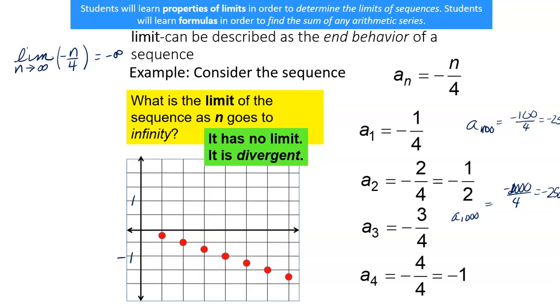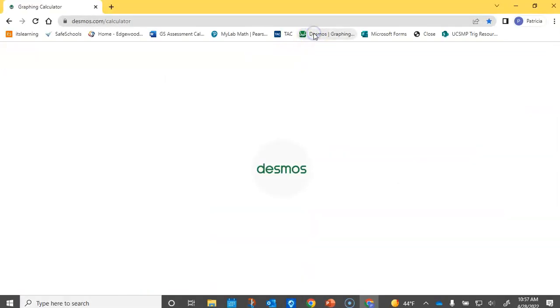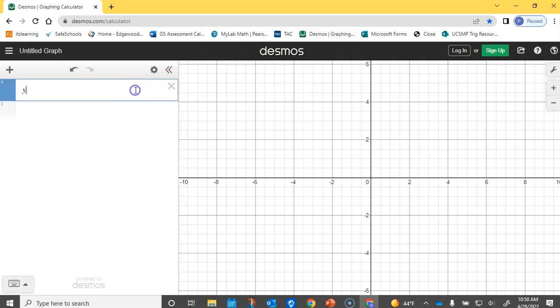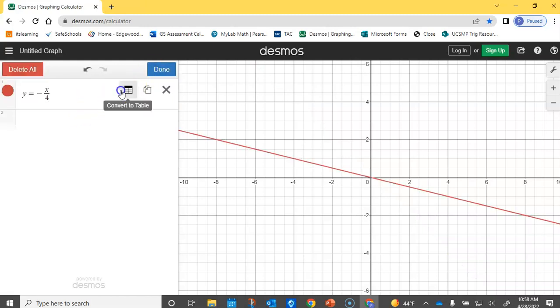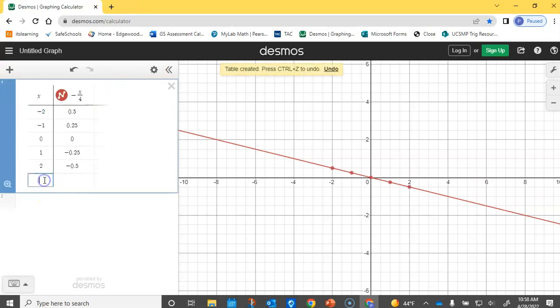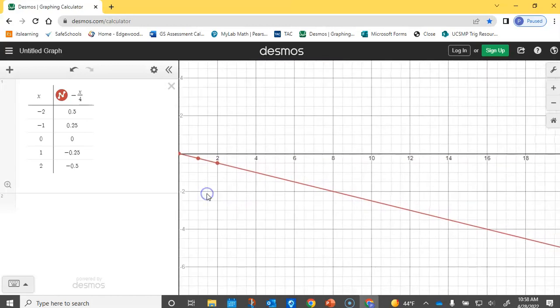To check that, remember, you can always go to Desmos and put your sequence in. Then hit settings and view your table. We only care about from 1 on, so we can just look at that part of the sequence.